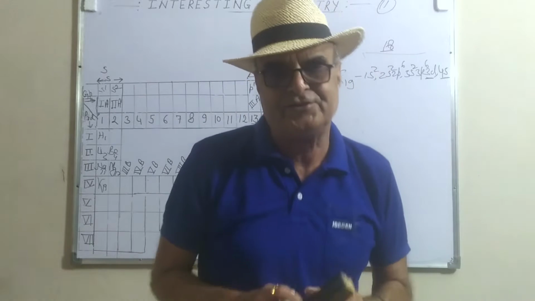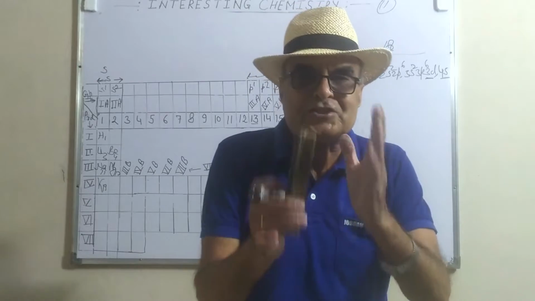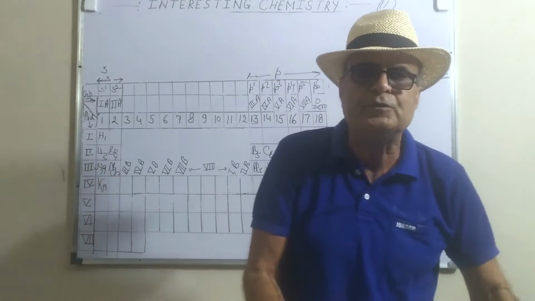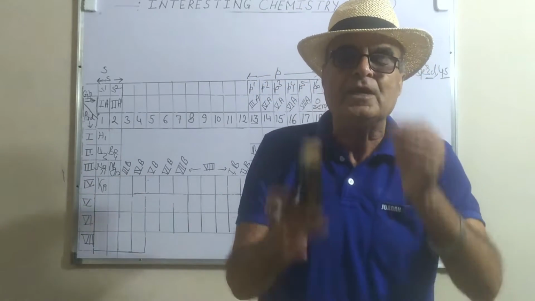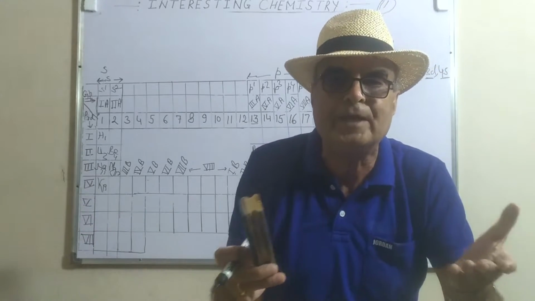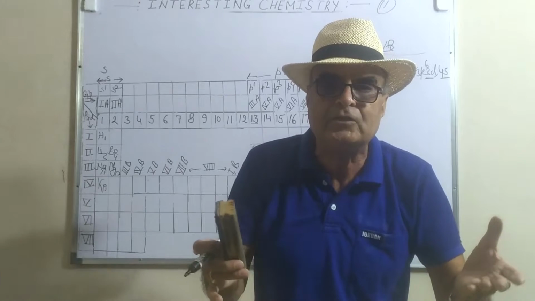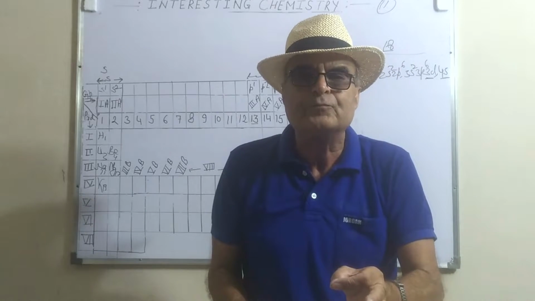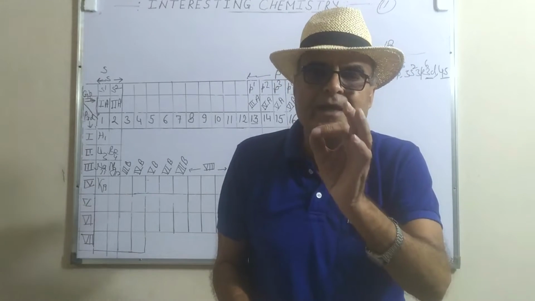How will you decide? This I have told you in my previous video in the Aufbau principle. That was the n plus l rule. You will decide with the n plus l rule.